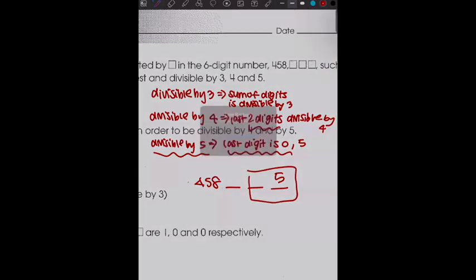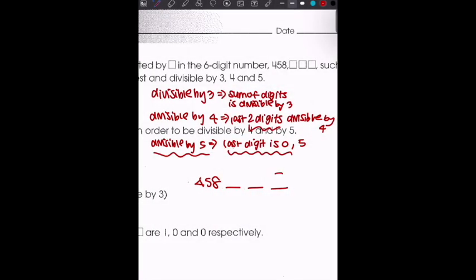So we know that the last digit must be 0. So that fulfills divisibility by 5 and allows us to check for divisibility by 4 now.